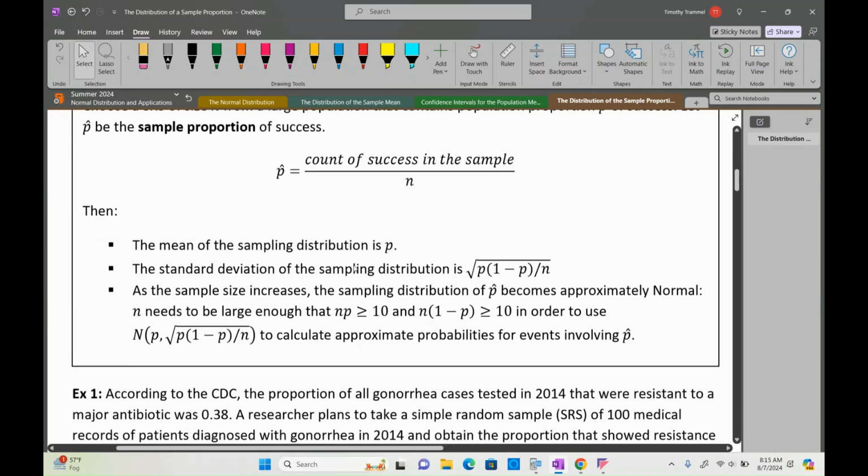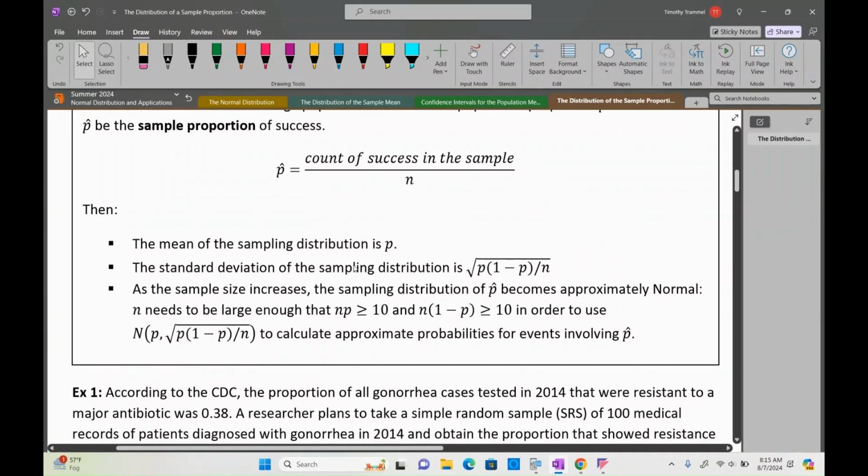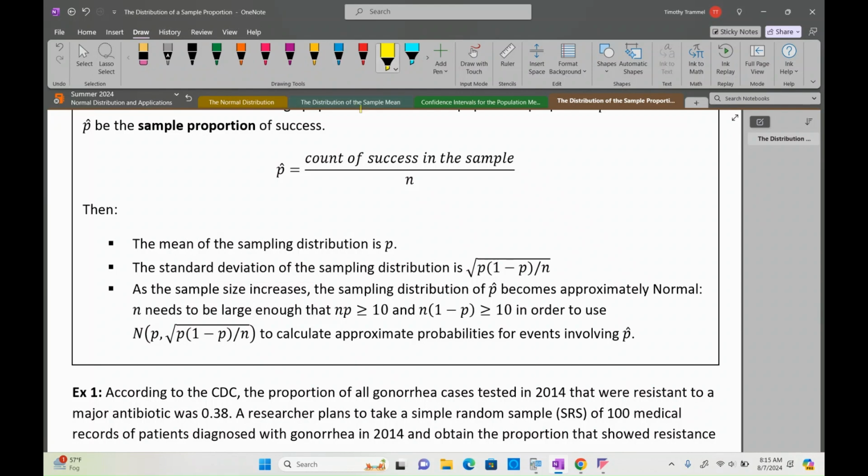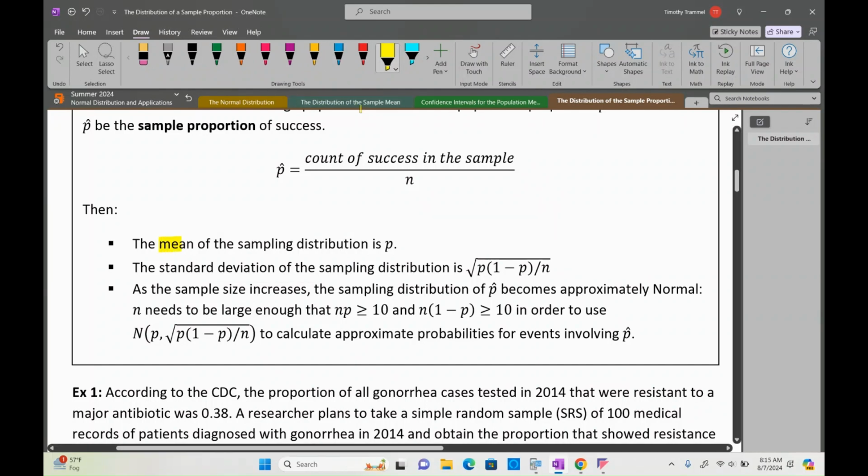For one, this normal distribution that we're talking about is going to be centered at p. Let me write this here. This means that the mean of the sampling distribution for sample proportions is equal to the population proportion.